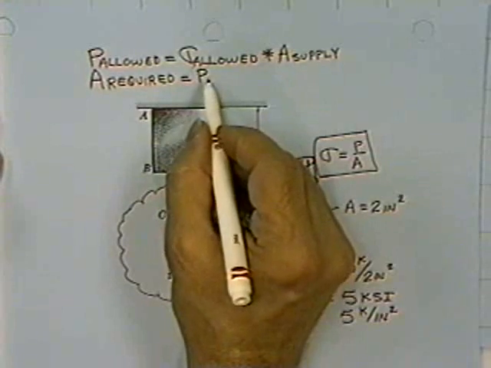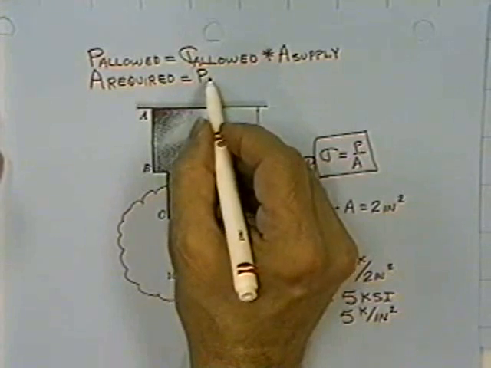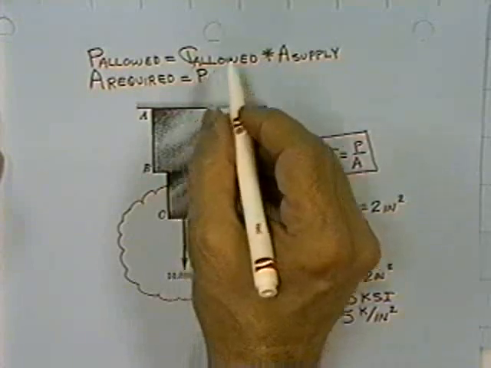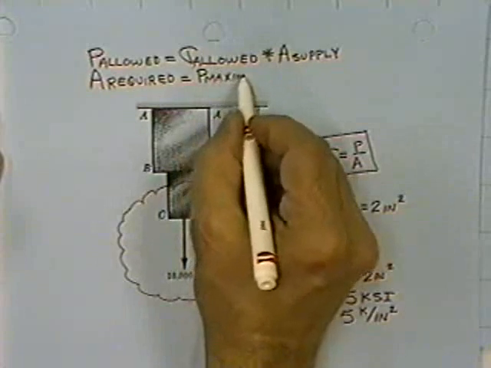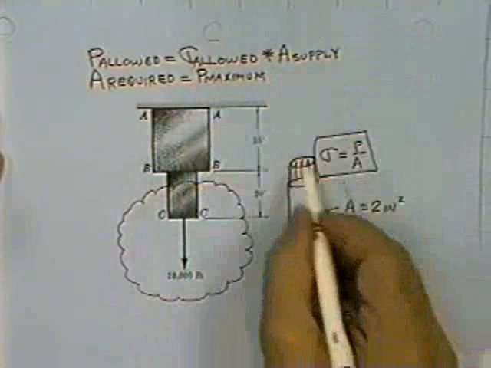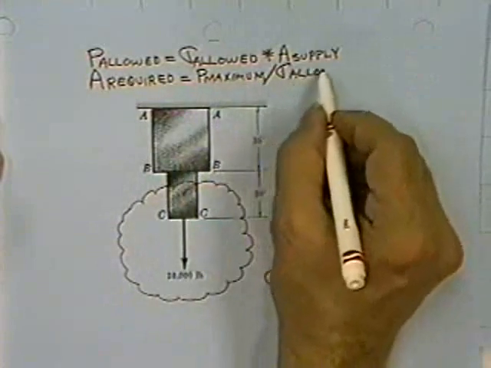Give me a short word for P put on the structure. P carried. PX. Well, tell me again, Rob. Maximum. Okay, I love that. Maximum load you intend to put on the structure divided by the stress that is allowed.